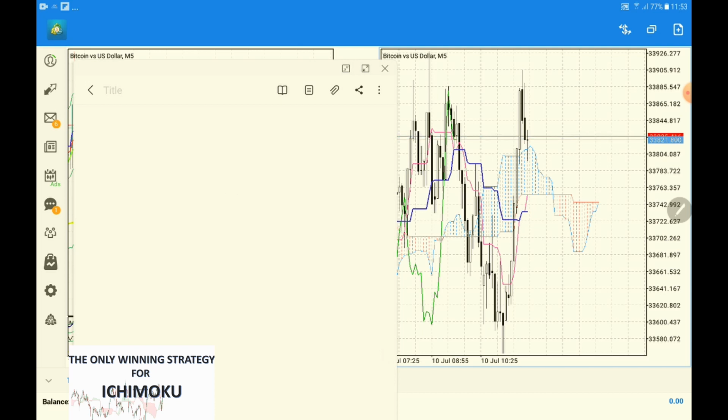So for beginners, we only buy when the price is above the blue cloud, which is also known as the up Kumo. And then we only sell when the price is below the red cloud.